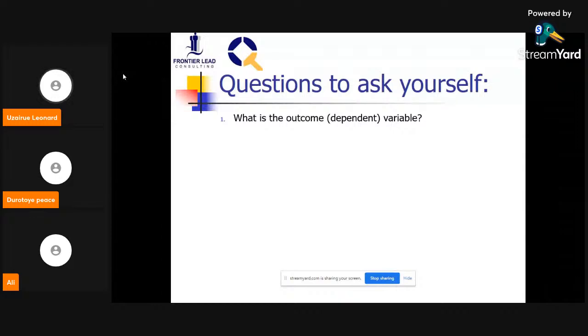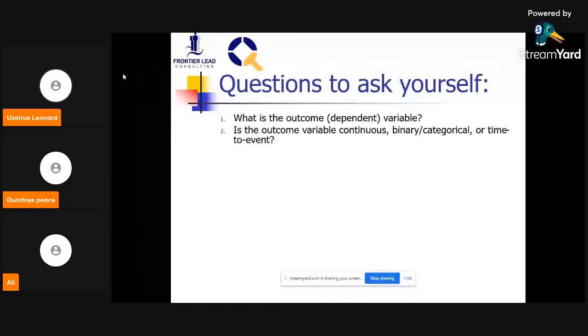So you have to know what your dependent variable is. Then the next thing that you have to ask yourself is, is the outcome variable continuous? I also made mention of what a continuous variable is. Then is it binary or categorical or time to event?